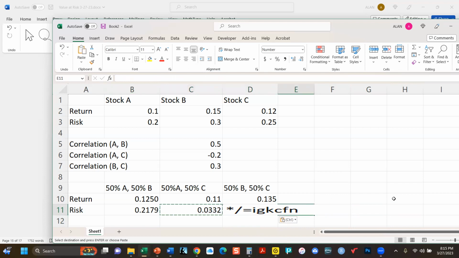I don't know what's going on. It's refusing to let me type properly in that cell. It's just unbelievable.